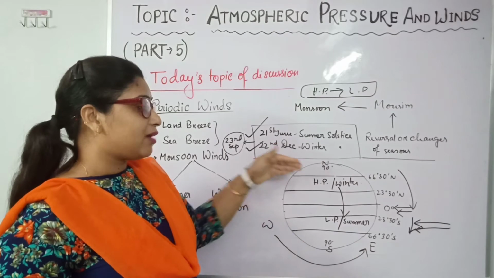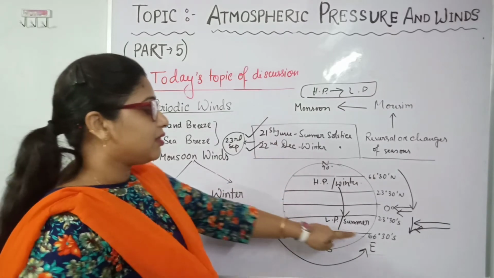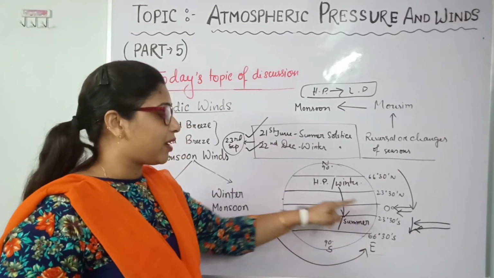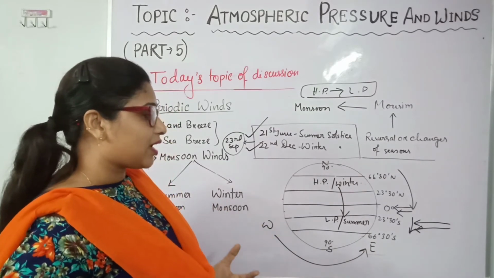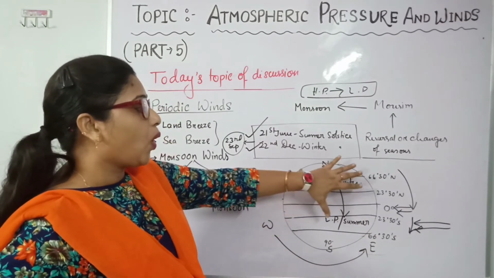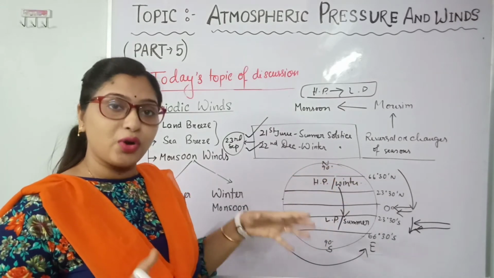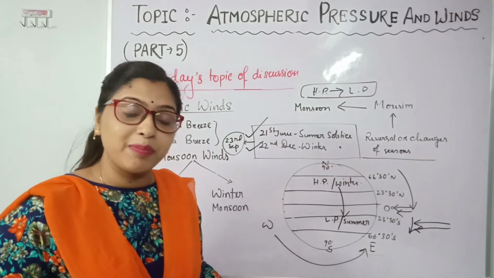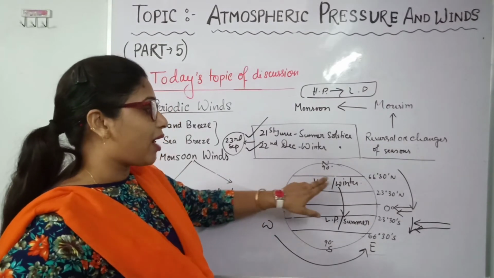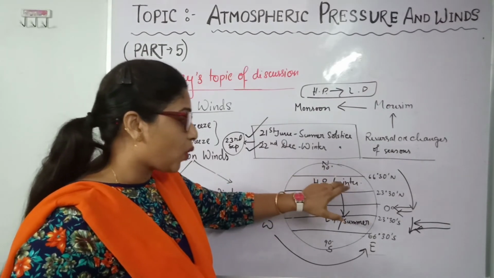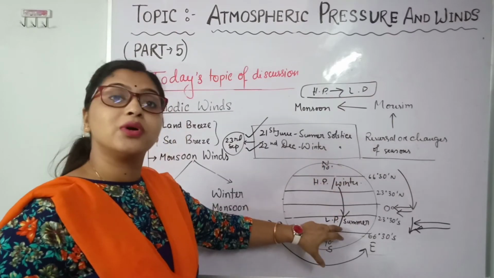When the southern hemisphere areas have more temperature and low pressure forms, gradually we can see that all the land masses of the northern hemisphere will have high pressure, meaning less temperature, and due to this high pressure, the cold wind will be attracted towards the low pressure.